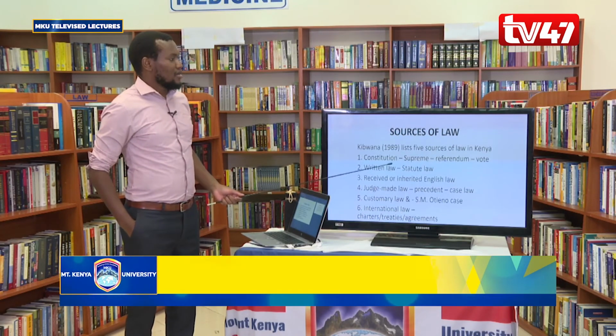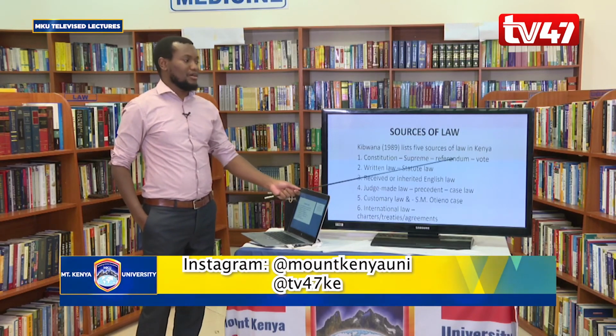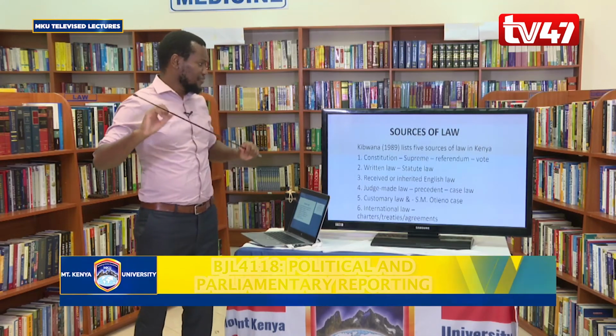The current Constitution of Kenya was passed through a referendum. That is a vote, where the people voted on the Constitution and its provisions and what the implications of those provisions are for different quarters and sections of the society.